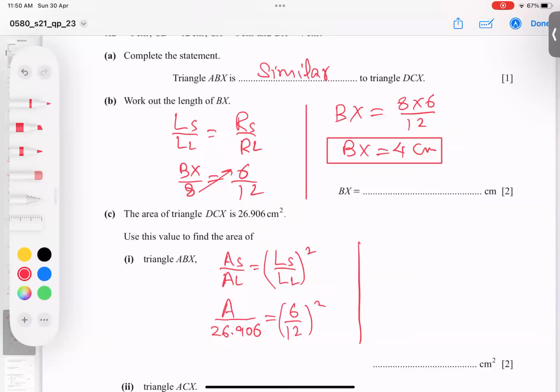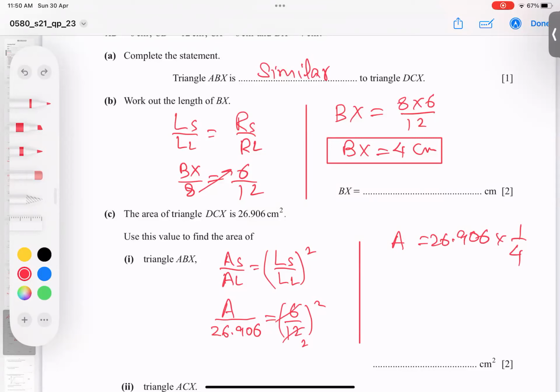Now what to do onward, students? This number multiplies there. But before I bring it here: 26.906, and 6 ones are 6, 6 twos are 12, this is 1 over 2, and 2 squared is 4. So it means that if you divide 26.906 by 4, it gives us the area of the small triangle.